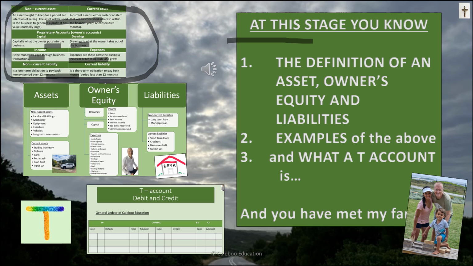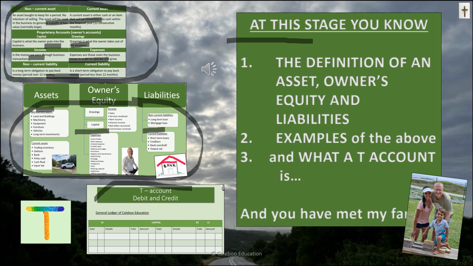You need to know the definitions because you're going to apply them quite soon. We learned examples of what an asset is, what makes up owner's equity, and what are examples of liabilities.